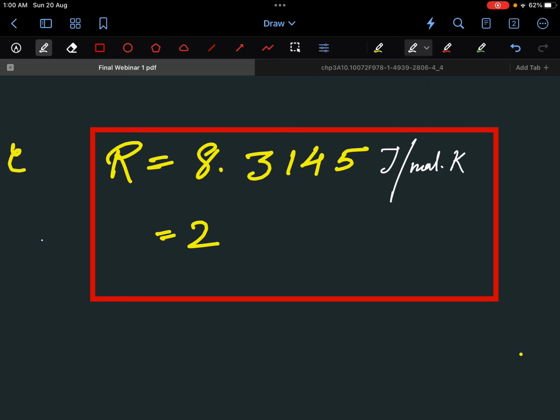It is not actually 2, it is 1.98 or something, so approximately you can consider it as 2. 2 is calorie per mole per Kelvin. When the energy is given in joule, it is 8.3145, and when it is given in calories, you can consider R as 2. These are the two very important values of R that you need to remember.